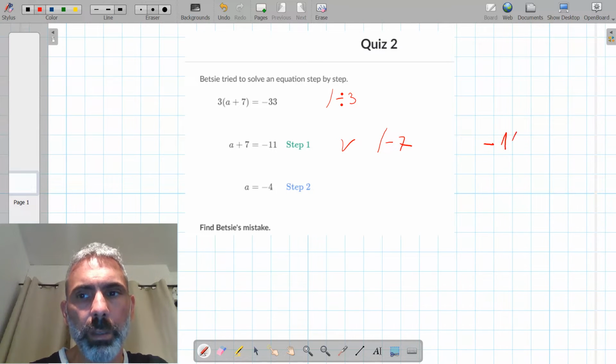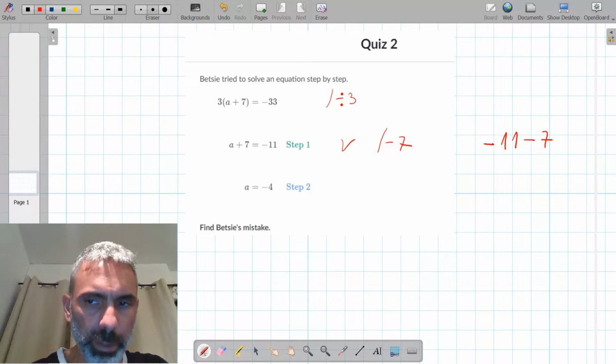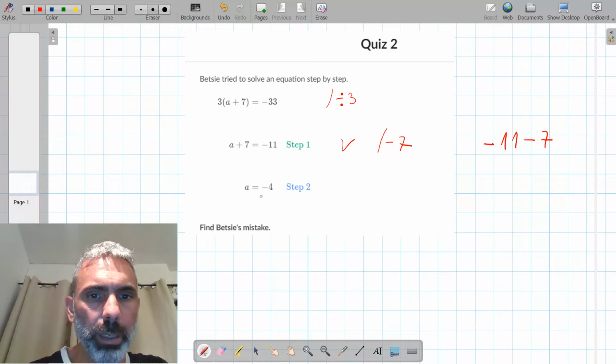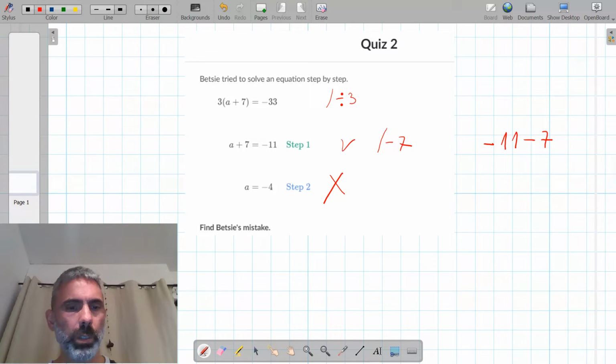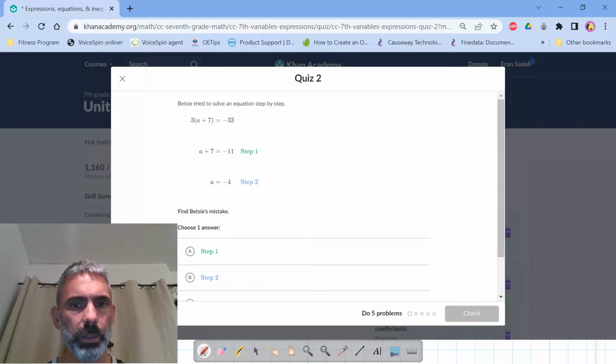Because the two numbers are negative, we need to add them up, and the sign of the result is negative, so it needs to be minus 18 and not minus 4. So this step is incorrect, so her mistake is in step 2.